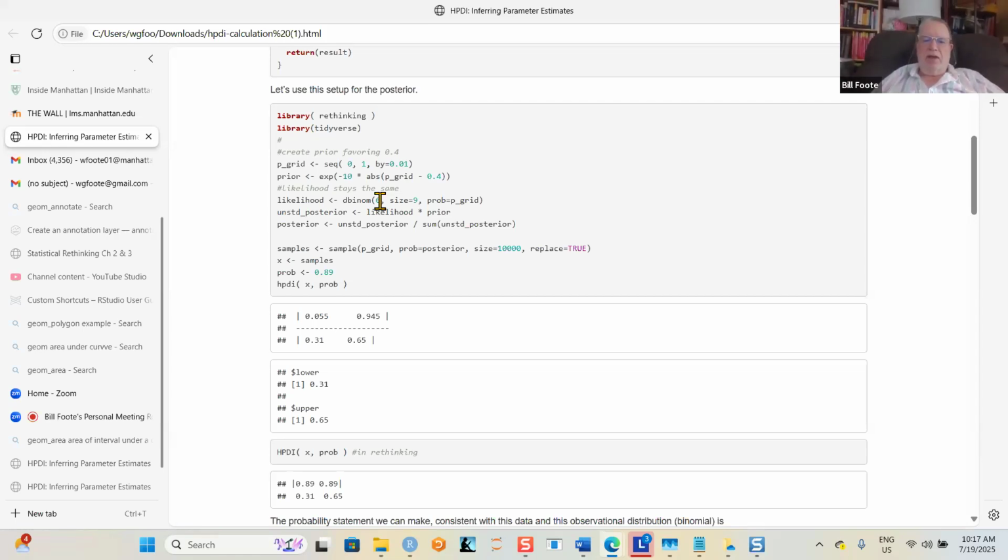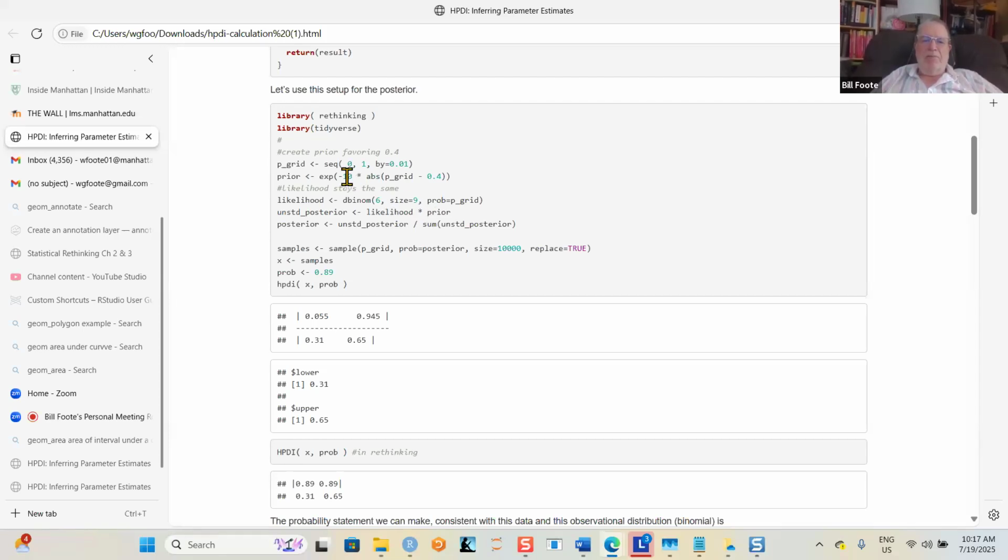Same idea. The multiplication means both the likelihood, which is this number, and the prior must occur, and that's the posterior. You add this up, it comes up to like 99 or something. That's not a probability. So we have to ask the question, what is the contribution of this?